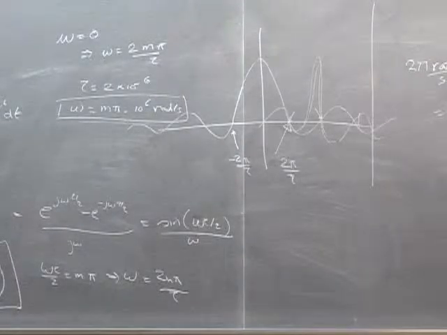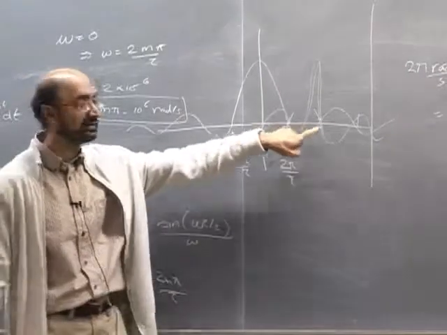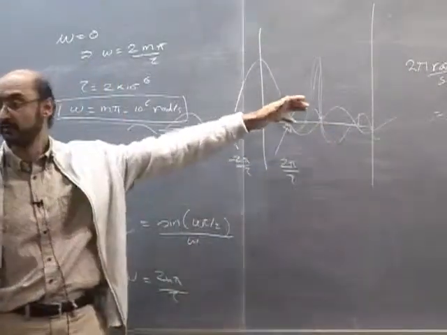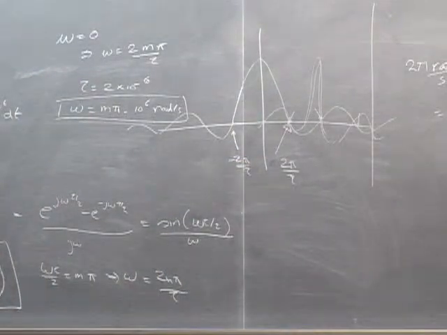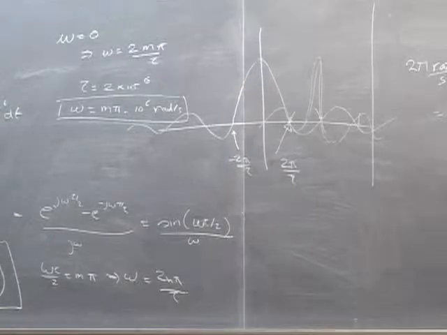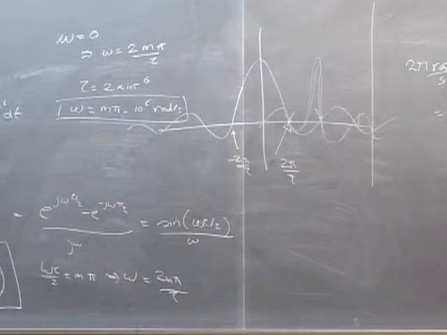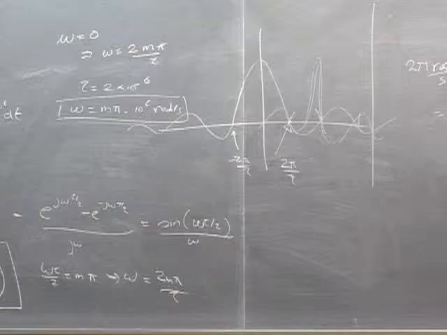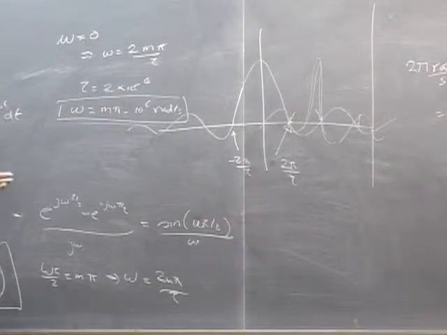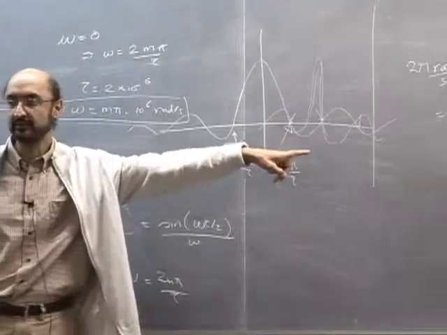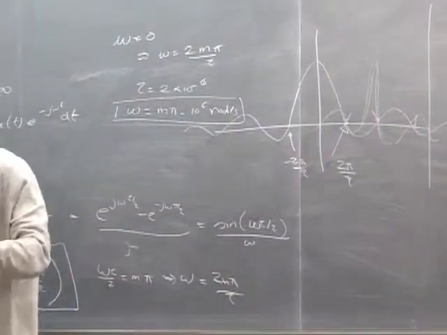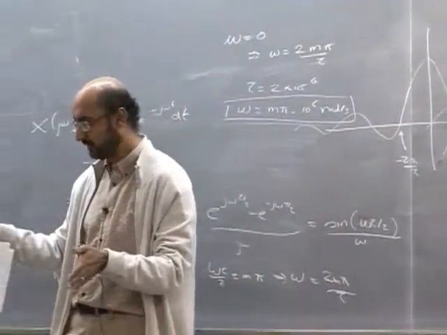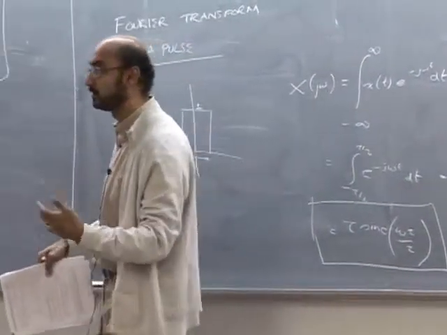Why? Because we know that the sync function has 0 crossings at these energy bands, at these megahertz. So this homework example actually gives you the idea of what you could do, and this is a huge thing. The fact that really trivial analysis can give you the idea that there are 0 energy locations, and now you can use those, means that in one spectrum band, we can actually send a lot of information.